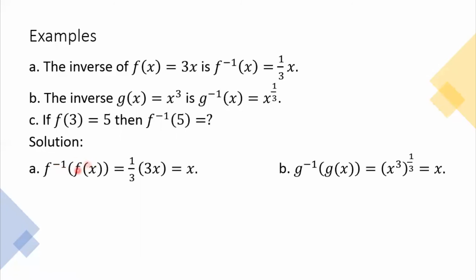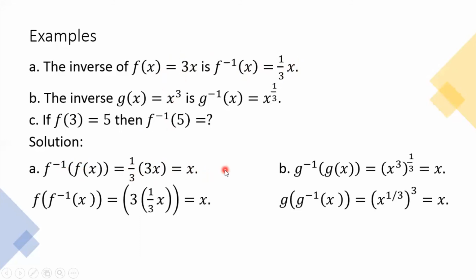F inverse of f of x. So this is our f inverse, which is 1/3, right? Since our f of x is 3x, this 3x will be substituted to the variable in f inverse. So 1/3 of 3x, and since 3 will be cancelled, this is x. So the first condition is satisfied.